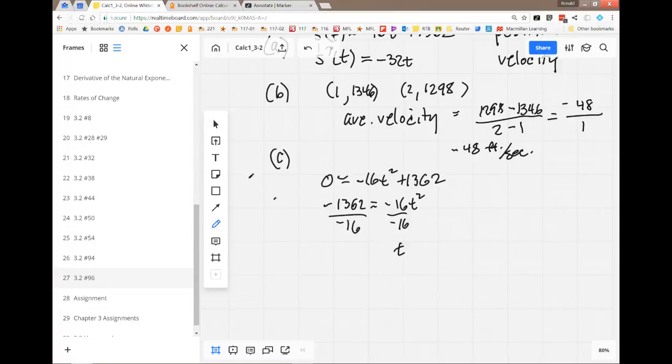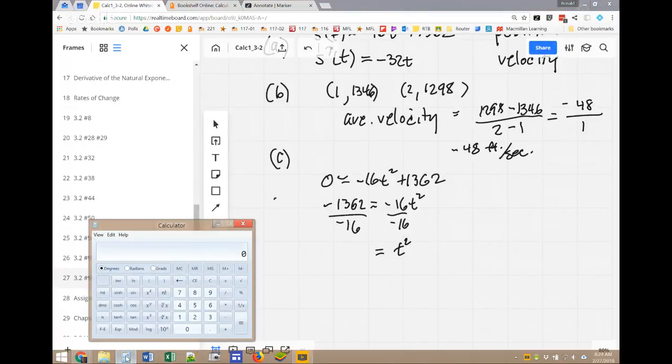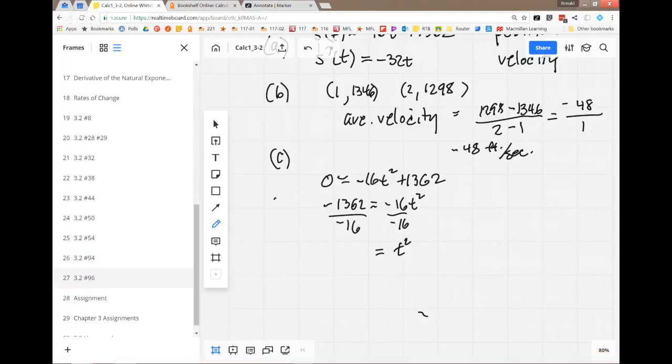And we'd get t squared equals 1362 divided by 16 is 85.125.